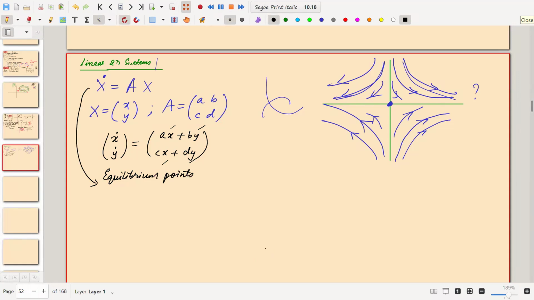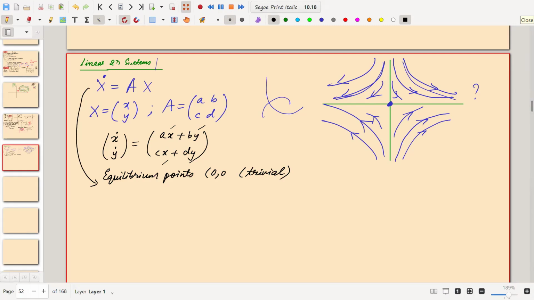Anyone? You set the right-hand side to zero. I mean a trivial equilibrium point. Yes, a trivial equilibrium point is zero. Why? Because these are straight lines and you are setting them to zero, and these straight lines will always pass through the origin, right? So you can see the equilibrium point (0, 0) is the trivial equilibrium point.